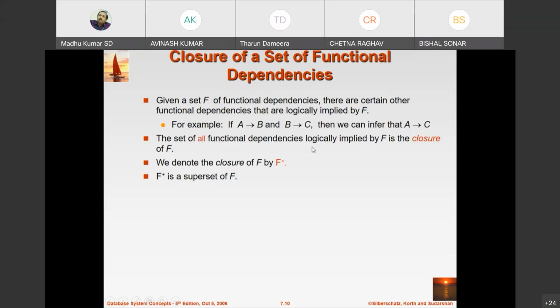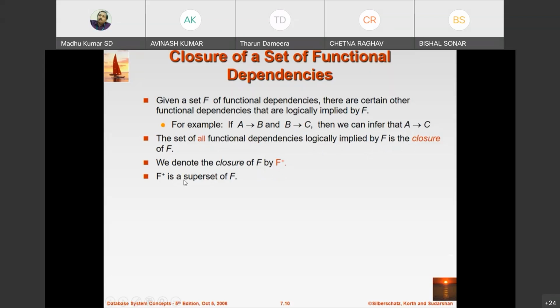The set of all functional dependencies logically implied by F is the closure of F. We denote the closure of F by F closure. This is the symbol for F closure, the closure set of all functional dependencies.